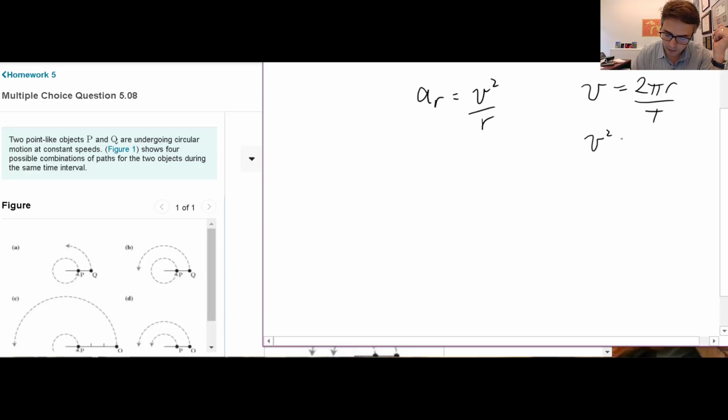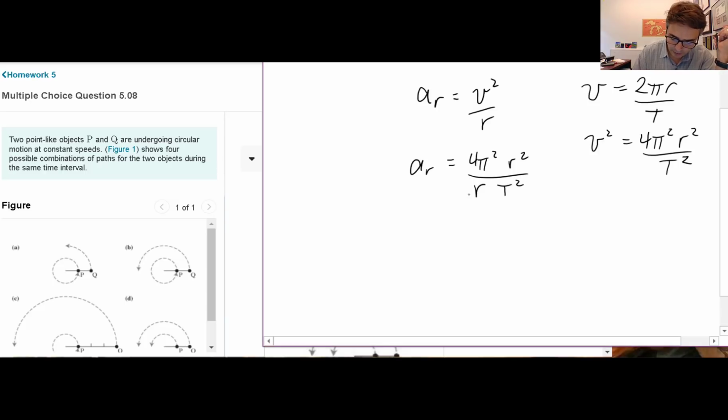So v squared is equal to 4 pi squared r squared divided by T squared. So the radial acceleration in terms of the period and the radius is 4 pi squared r squared divided by r T squared. The r on the bottom cancels one of the r's on the top. So a sub r is equal to 4 pi squared, some constant, times r divided by T squared.